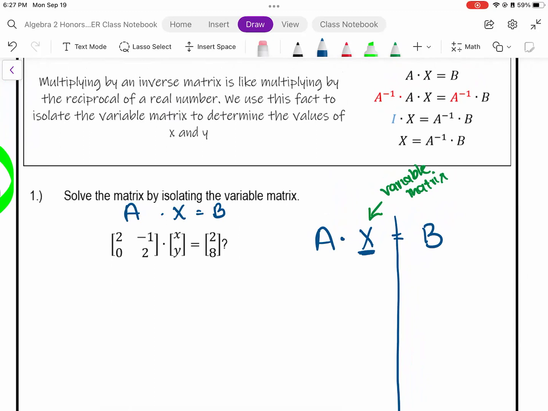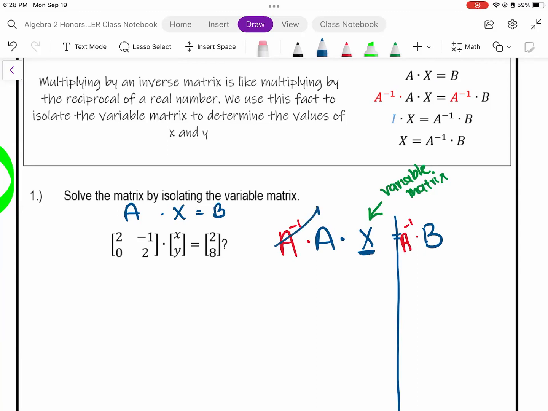So how can we make a matrix into a 1? Well, if you remember earlier in the notes, we can create an identity matrix by multiplying a matrix times its inverse. So we're going to multiply matrix A times its inverse. Based on the rules of math, whatever I do to one side, I have to do to the other.